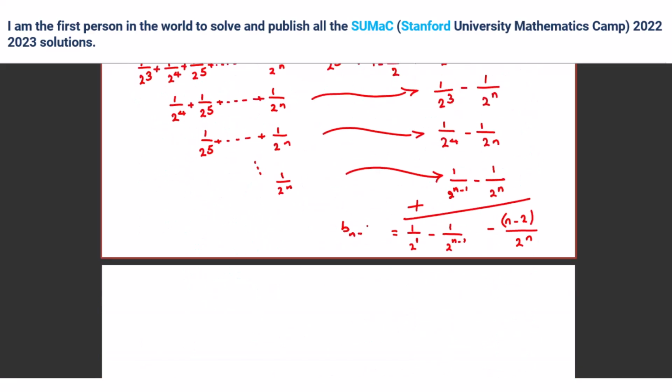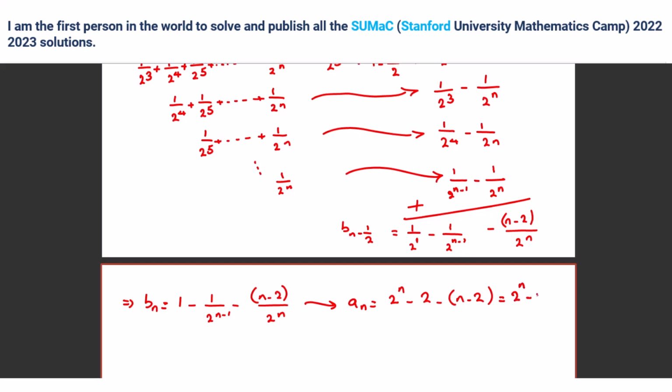Yeah. Okay, so Bn is equal to 1 half plus 1 half minus 1 over 2 to the n minus 1, minus n minus 2 over 2 to the n, right? Okay. So an is equal to 2 to the n times Bn, so this gives 2 to the n minus n.